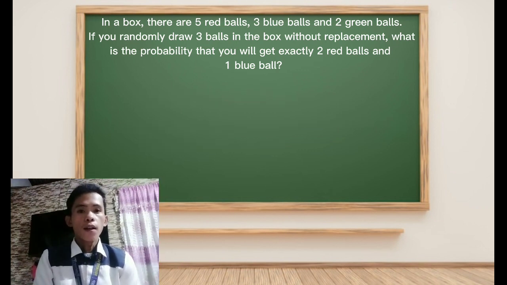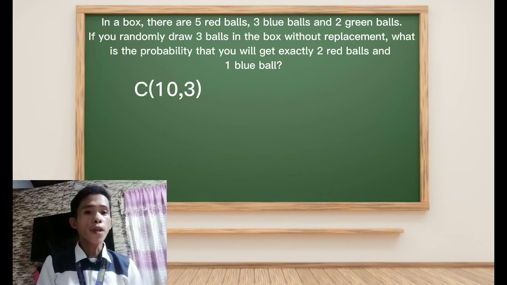And now, let's solve first the possible outcomes. Since we are drawing 3 balls from a box without replacement, the total number of possible outcomes can be calculated using combinations. We have a total of 10 balls in a box, so the possible outcomes are given by C, which stands for combination, of 10 and 3.